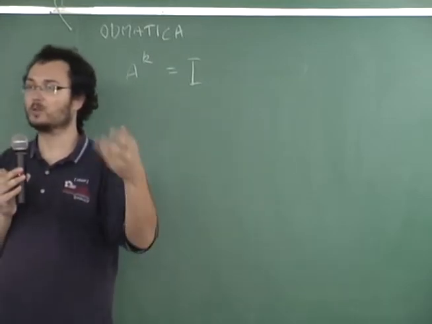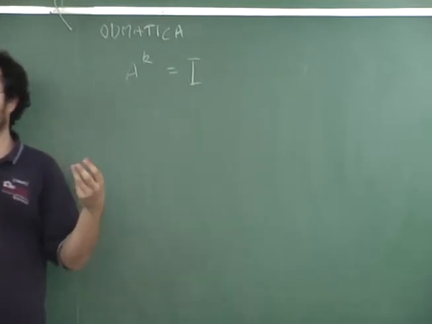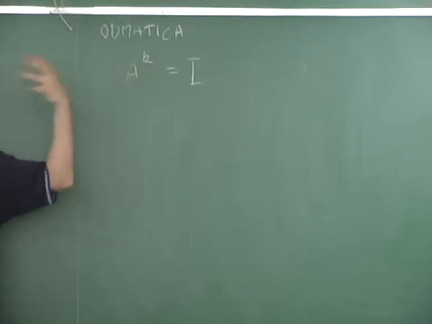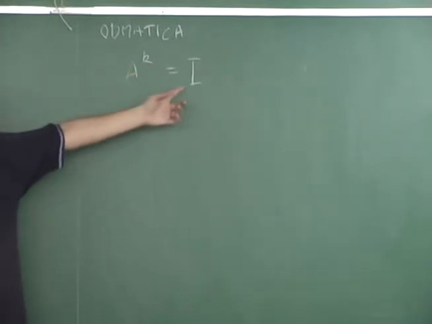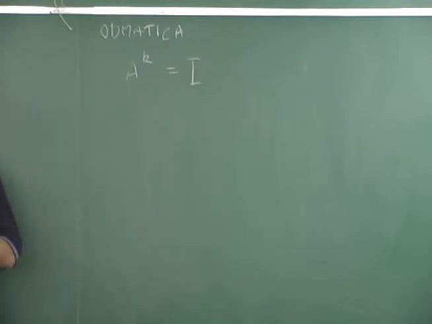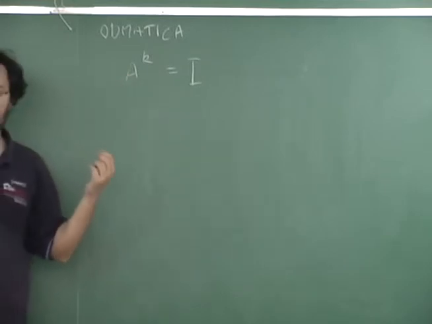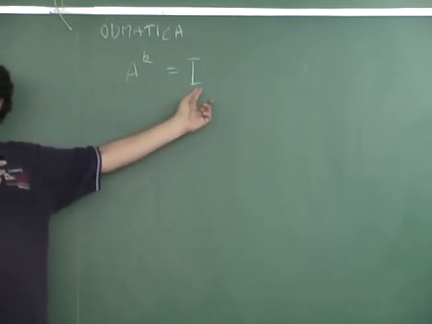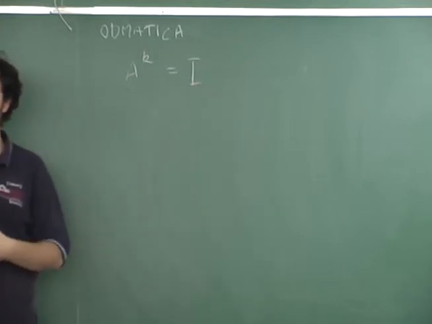Because if we were to lose dimensions, then by taking the kth power of this matrix, we will lose even more dimensions, and we cannot produce identity, which is a regular transformation. So this has to be some regular transformation in the plane, or well, in the n-dimensional space. And if we do this transformation k times one after another, then we have to get the original state.